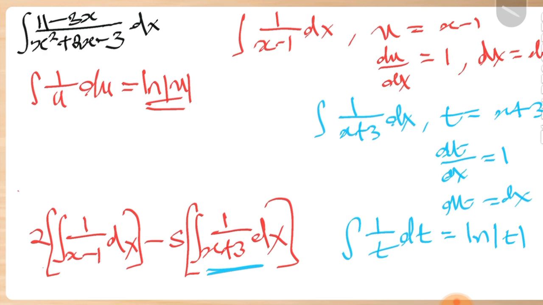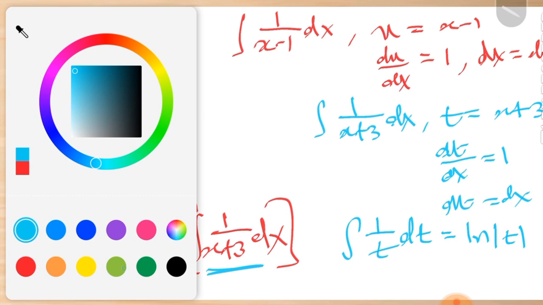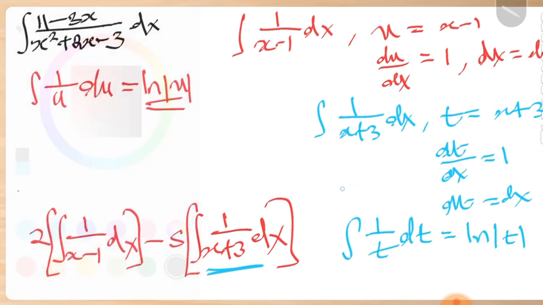Okay, so we can now rewrite. Here we have 2 times this integral, which is ln u, the natural logarithm of u. And what is u?